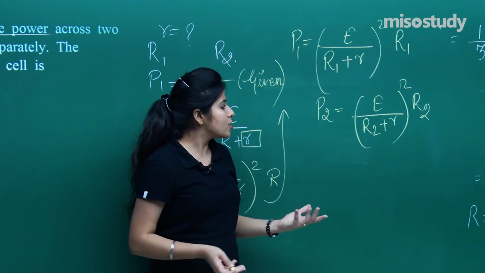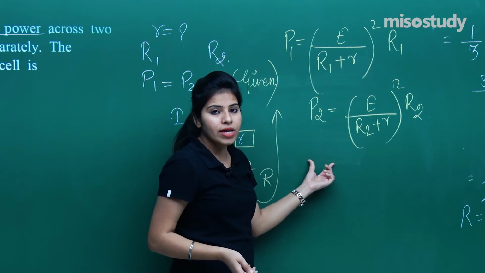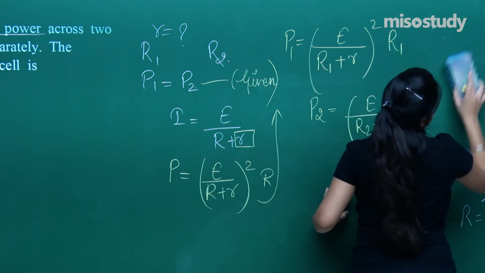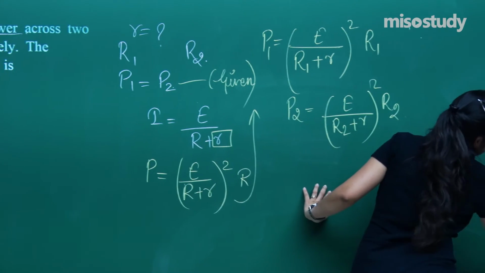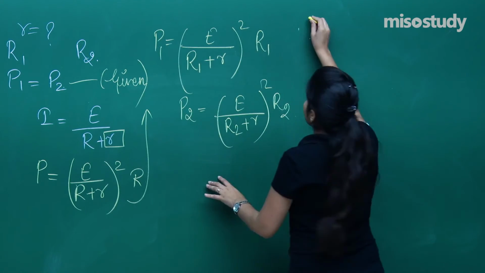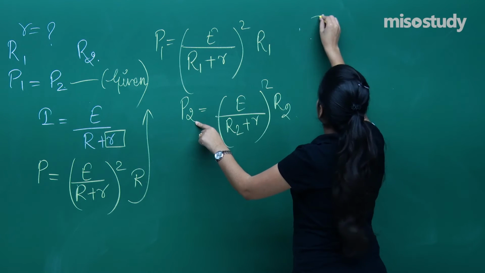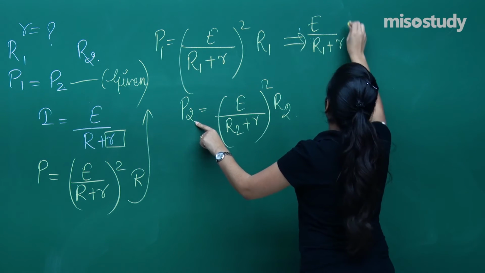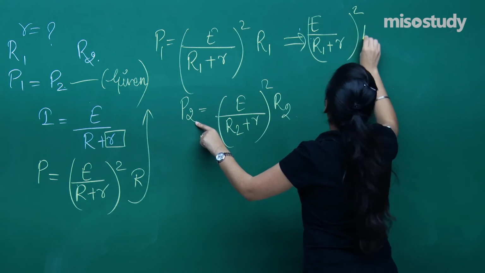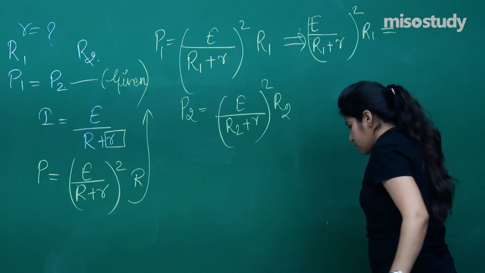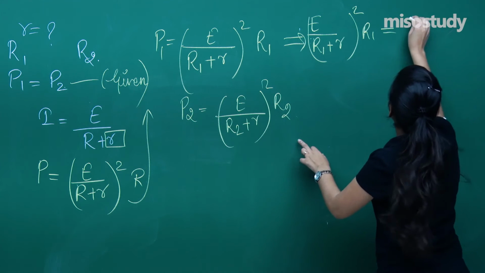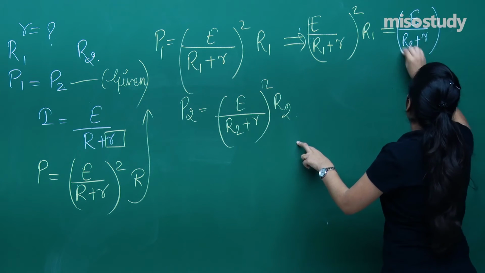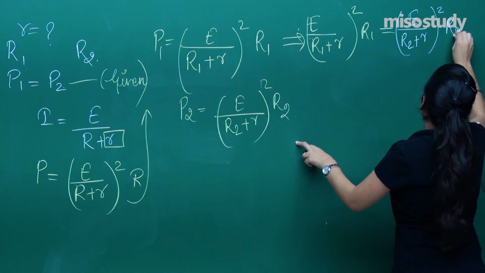Now what next can we do? Because P1 and P2 are equal, we are going to equate these two equations. So that will be E upon R1 plus r whole square into R1 equals E upon R2 plus r whole square into R2.